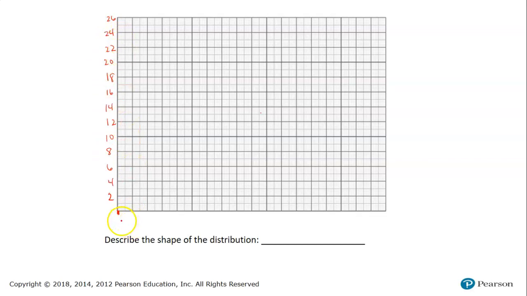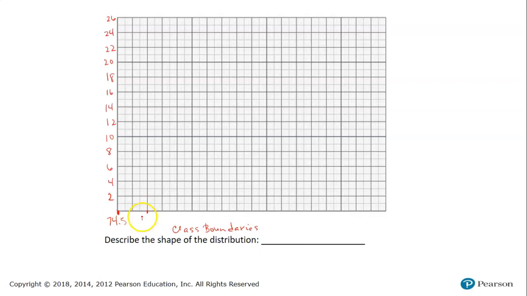Along the bottom, the recommended thing to use is your class boundaries. A lot of times you're going to see class limits used here, but class boundaries is actually a more accurate way to represent it. So our class boundaries, the first one started at 74. So I'm just going to mark it off 74.5.